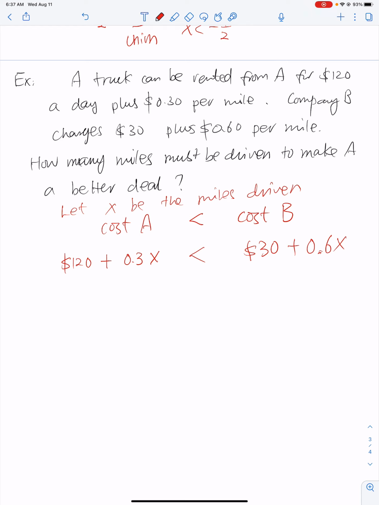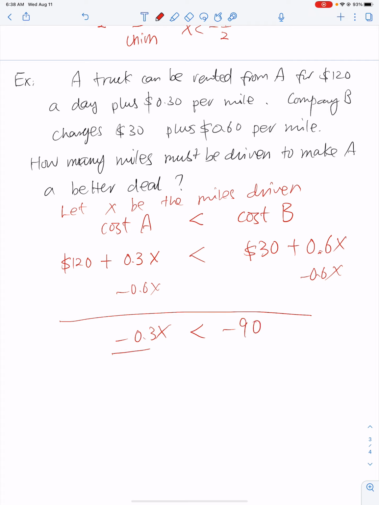Okay, so what do we want? We wanted all the x on the left, all the number on the right. So minus 0.6x, minus 0.6x, negative 0.3x, minus 120 less than negative 90. What do we need to do?